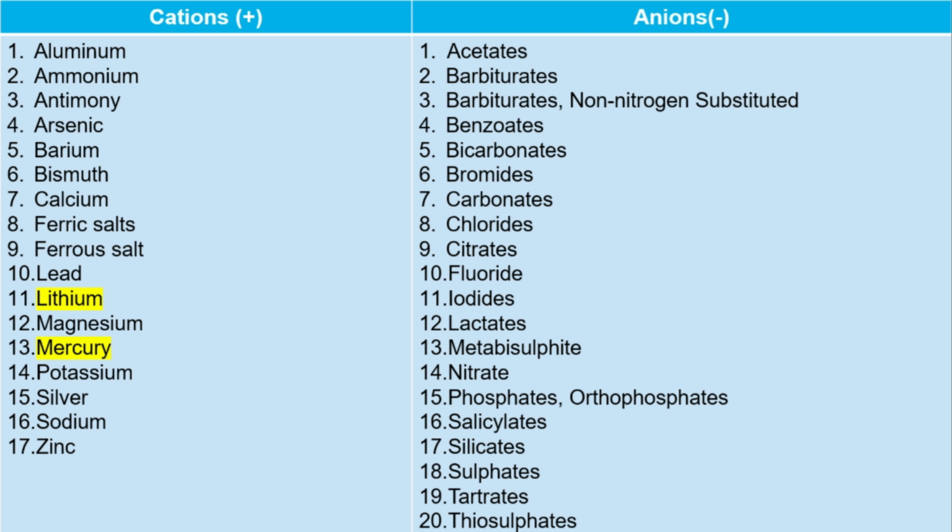Here lithium and mercury have been highlighted because they have not been included in the Indian Pharmacopoeia 2018. The rest we will discuss individually one by one in our coming slides.